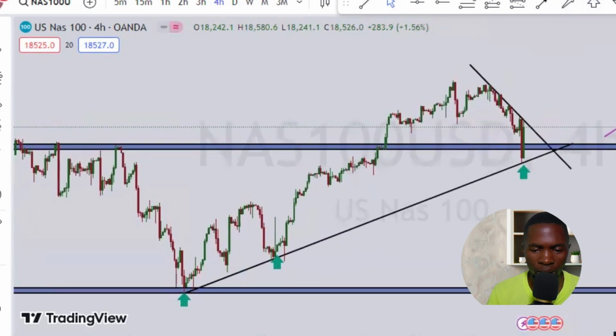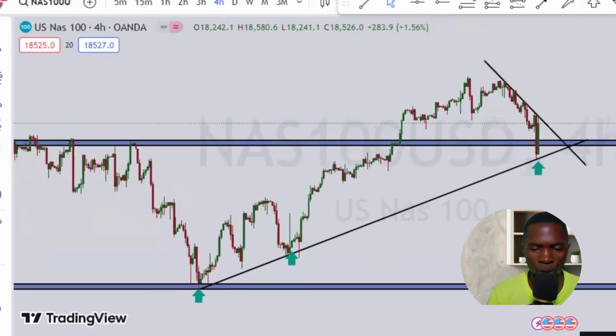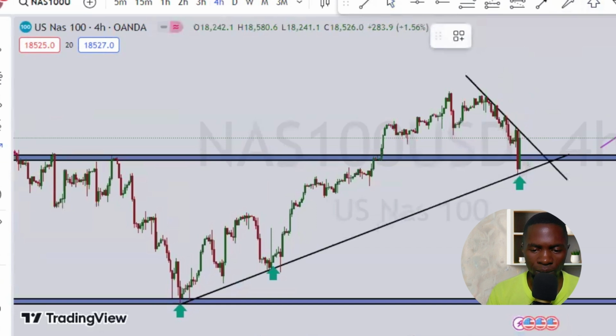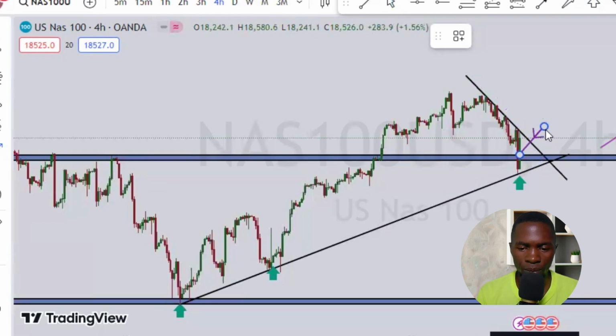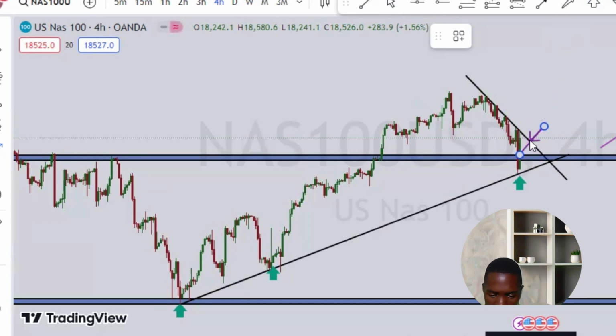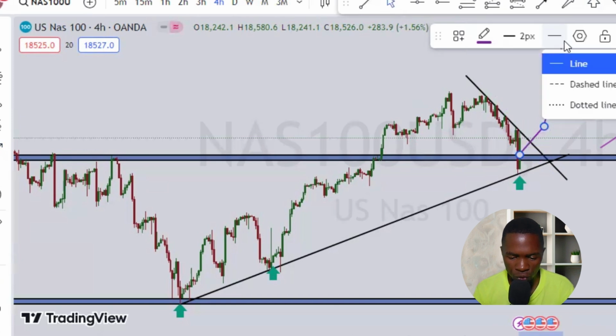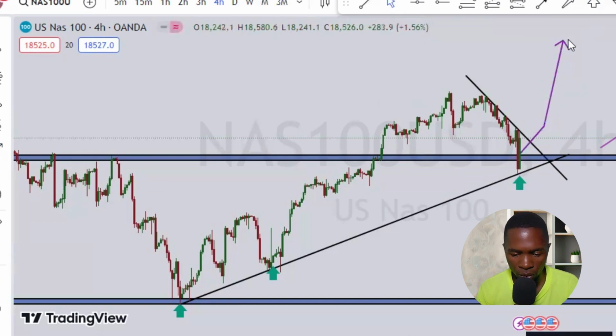Now, what I'm expecting to see on this pair, I'm expecting to see two things. One, I'm expecting to see this market break this counter trend line here, then I can take my trade. If the market closes above this counter trend line, then I will take my buy to the upside.